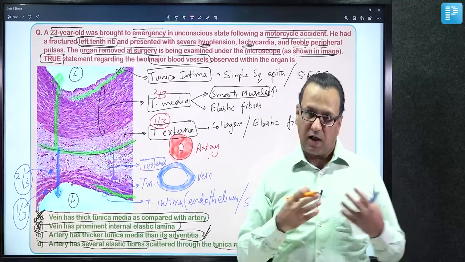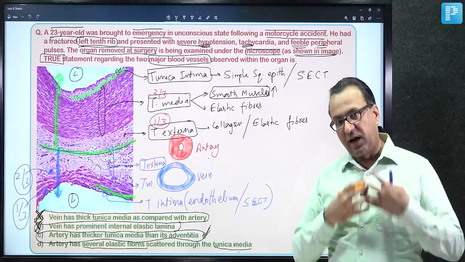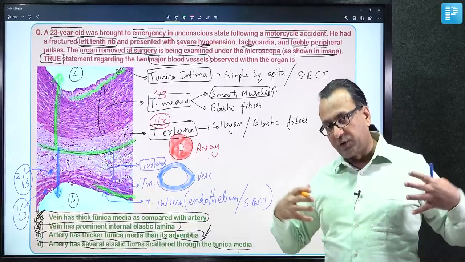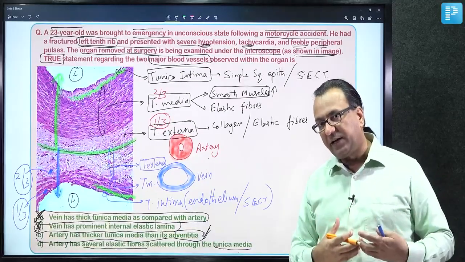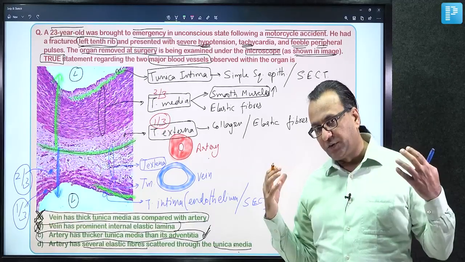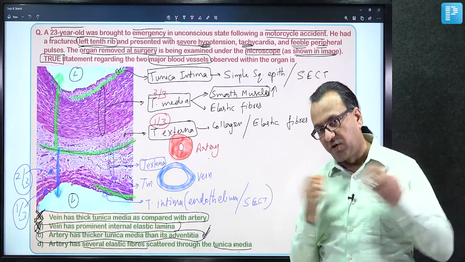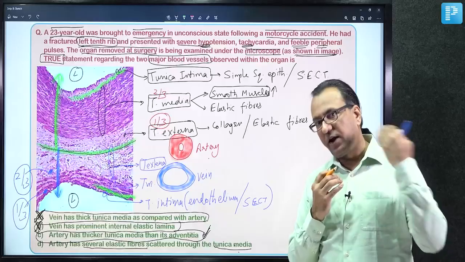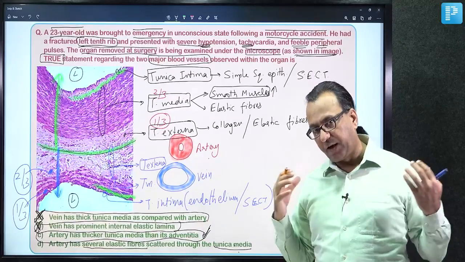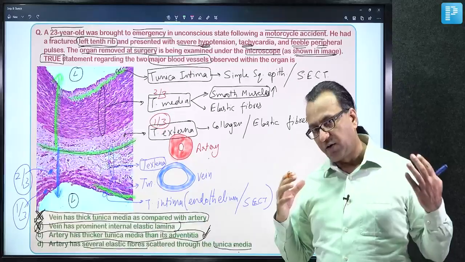Elastic fibers are required in blood vessels like aorta and pulmonary trunk. When there is systole and the heart is pushing the blood, that high pressure blood is taken by the vessels like aorta and they stretch. And during diastole, they'll contract and push the blood further into the body. So they are accommodating the pressure by virtue of their elastic wall.